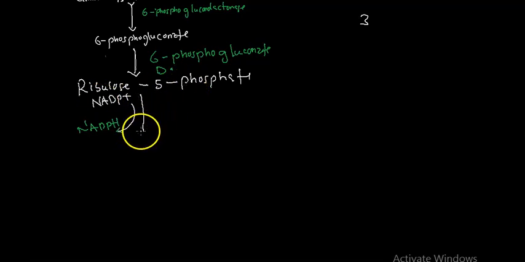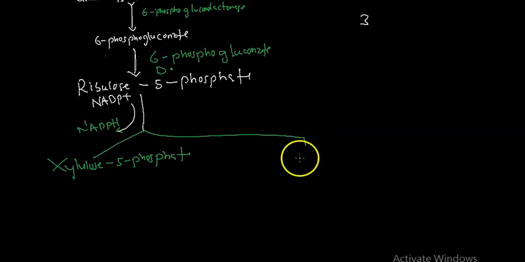One, it can be converted into xylulose 5-phosphate. Or it can also be converted into ribose 5-phosphate.